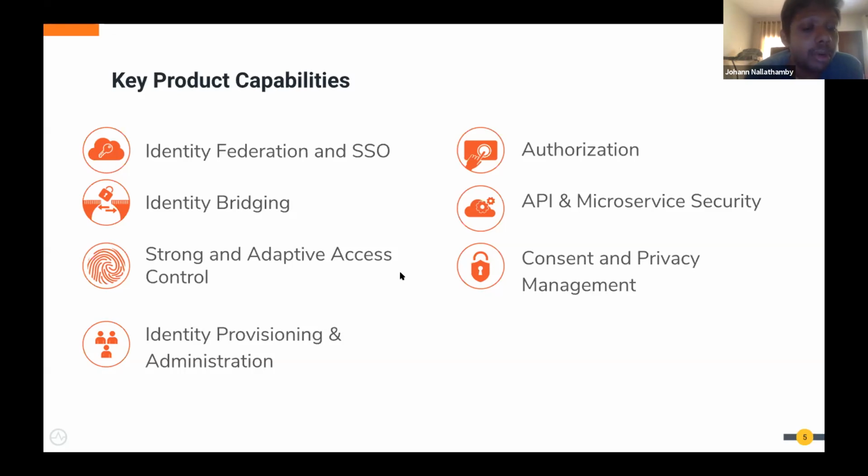We can support a just-in-time provisioning workflow if the users are federating, like I said before, from your partner IDPs or a social IDP like Facebook or Google. You can just-in-time create an account for those users without any administrator involvement. We can do outbound provisioning to other target applications while you're provisioning the user in Identity Server.